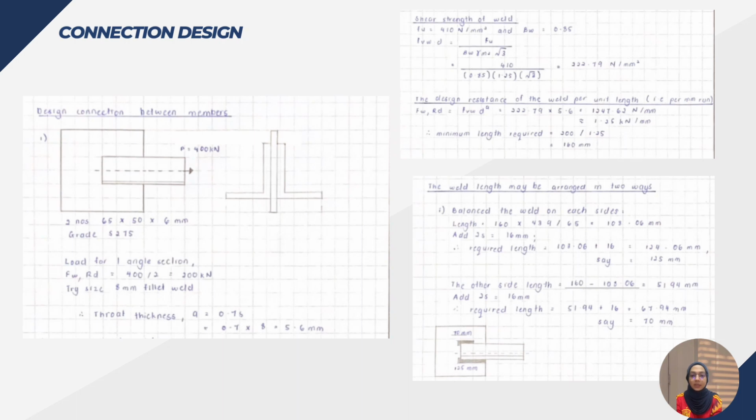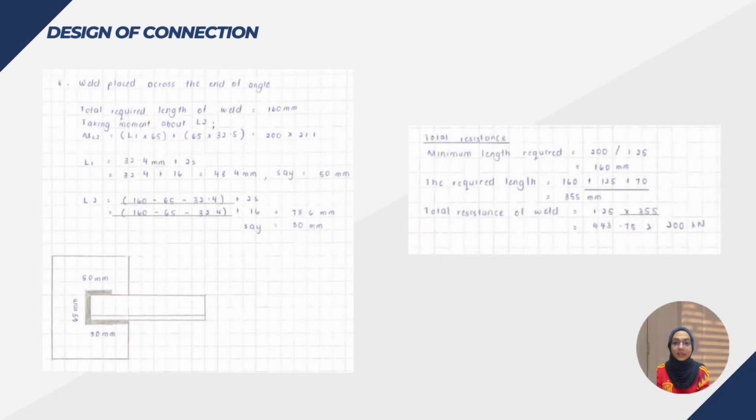Next, the weld length may be arranged in two ways. The first one is to balance the weld on each side. For the first side, the required length is equal to 125 mm, and for the other side, the required length is equal to 70 mm. For the other way, the weld is placed across the end of the angle.